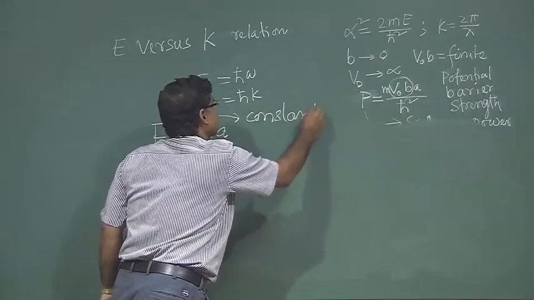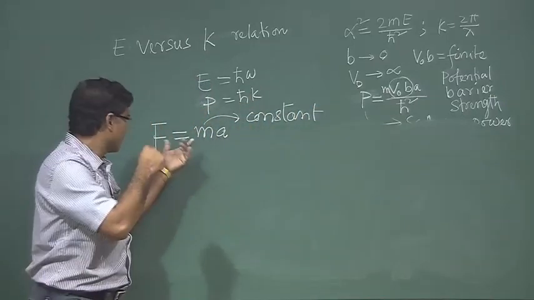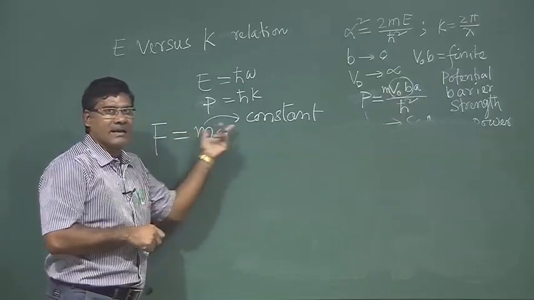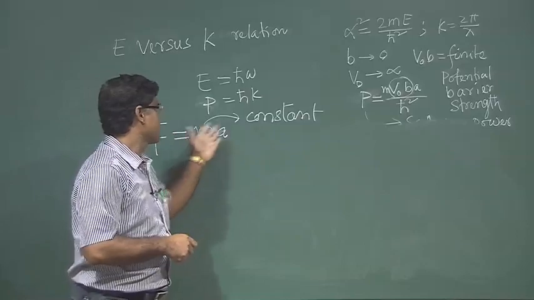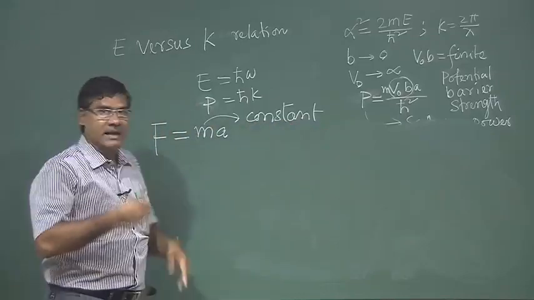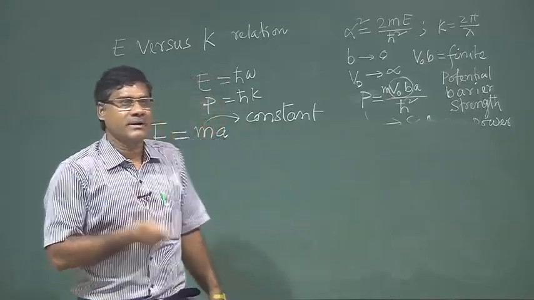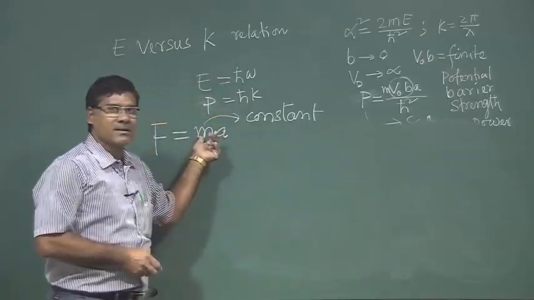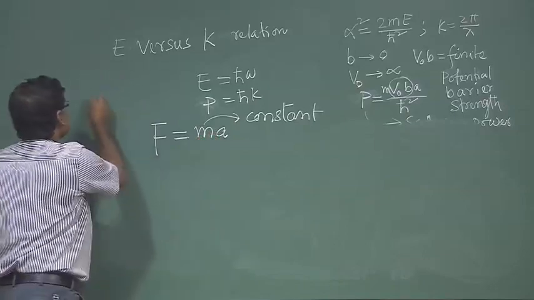Whenever we apply force, its acceleration and velocity change, but its mass is constant. Now when the electron is in a crystal, is its mass constant or does it vary?